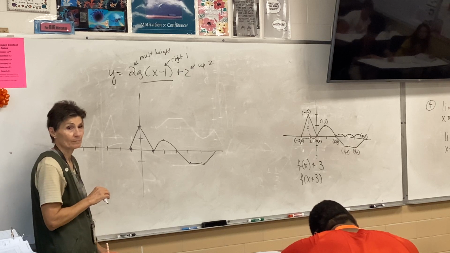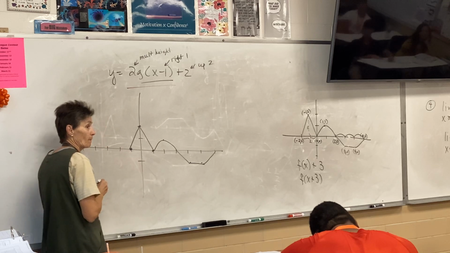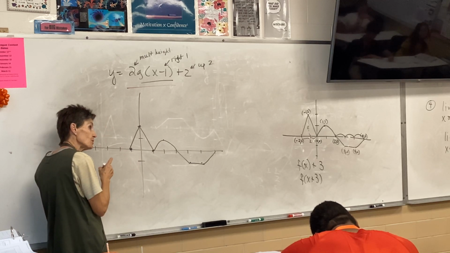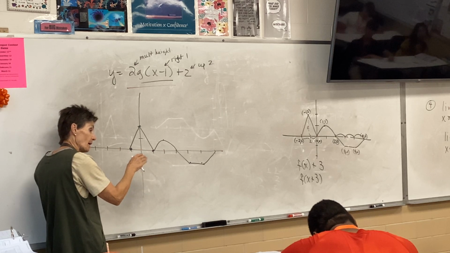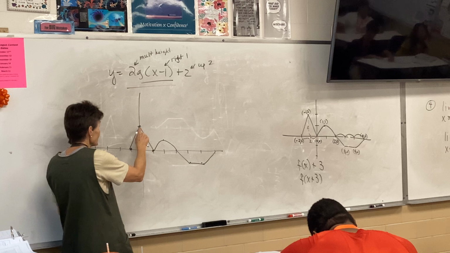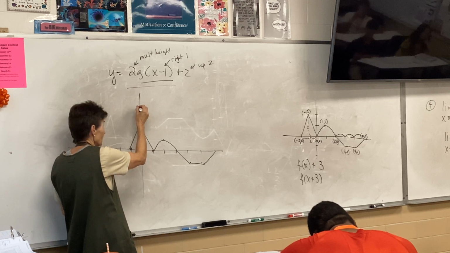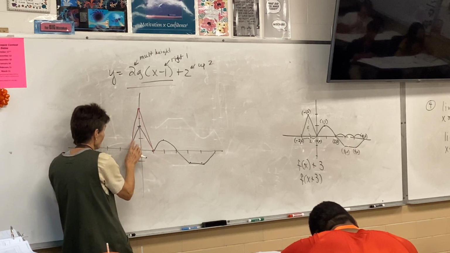Red one. Now I'm going to do times 2. So what that's going to do is take everything I've already done and make it twice as tall. So instead of this being up here at 2, it's now going to be at 4. I'll erase this.